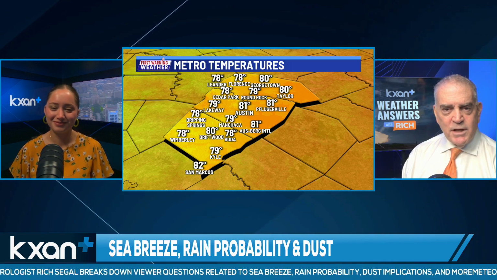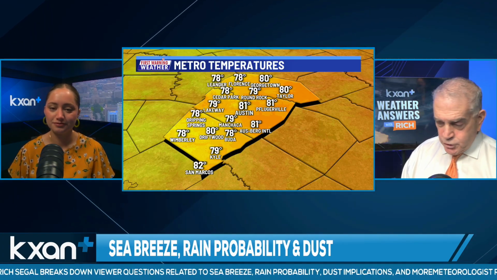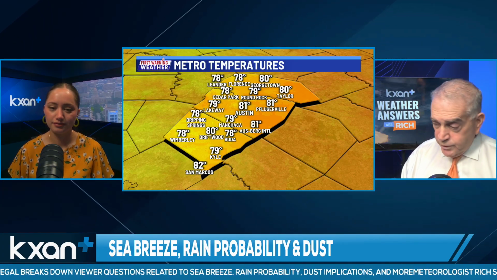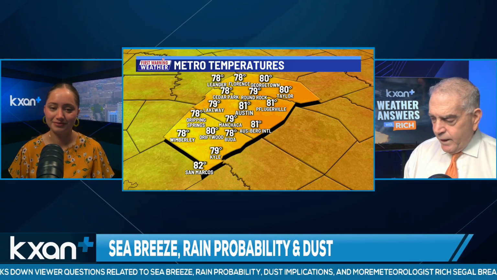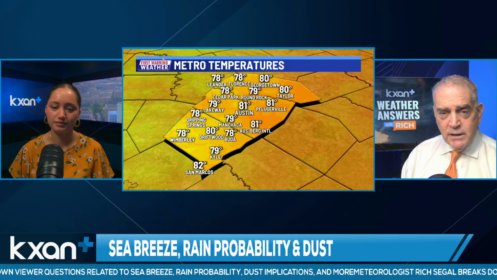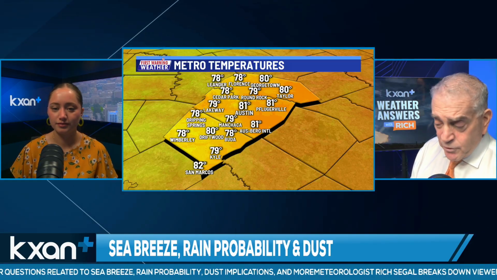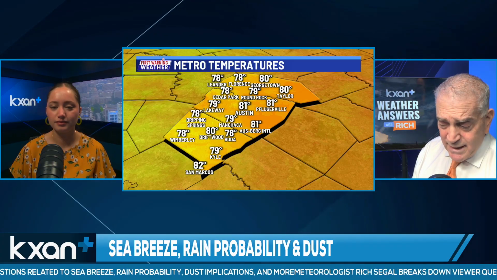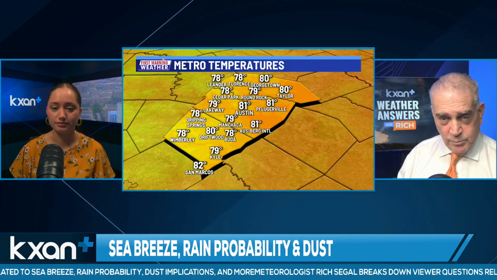But we try to mention as many of them. I try to diversify: in one hour, maybe I'll mention Leander and Driftwood and Pflugerville, and in the next hour, maybe I'll do Kyle and Lakeway and Georgetown. I want to mention as many cities as possible so that people feel like they're getting that personalized hometown temperature forecast.